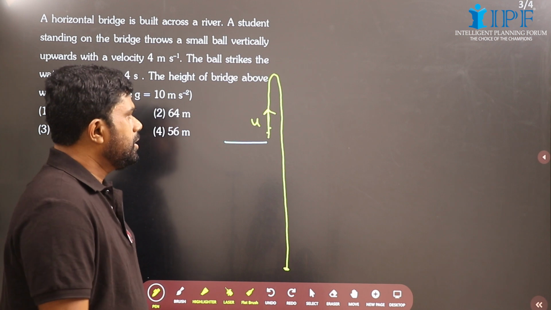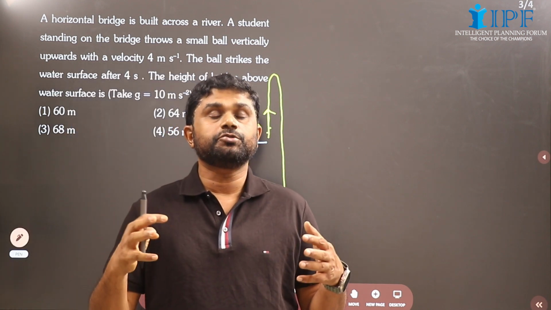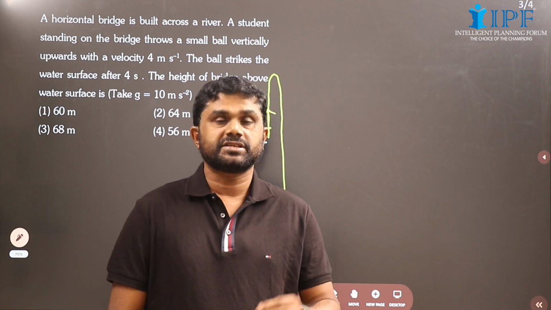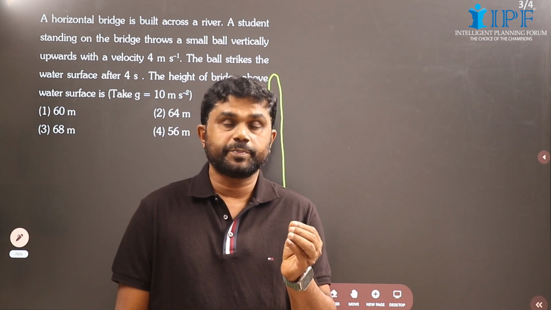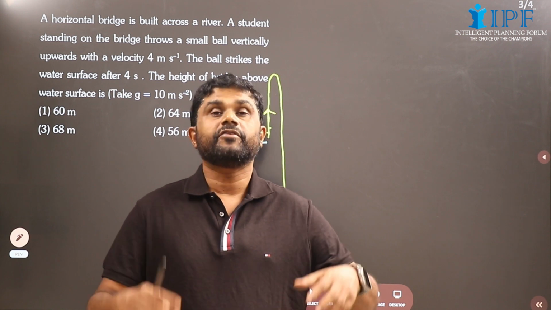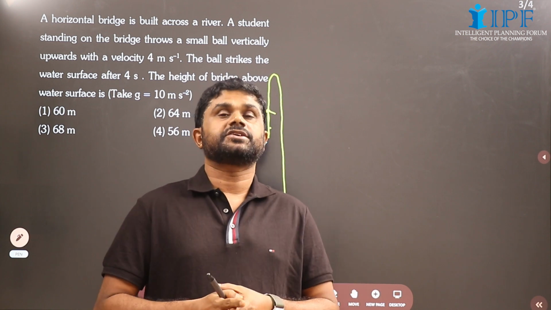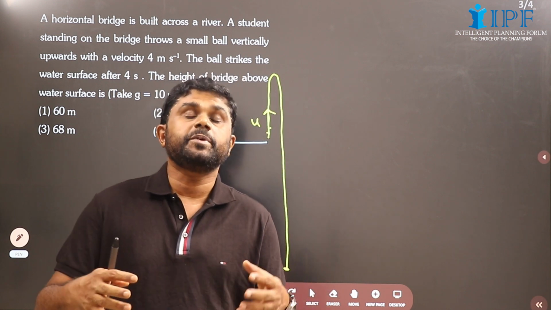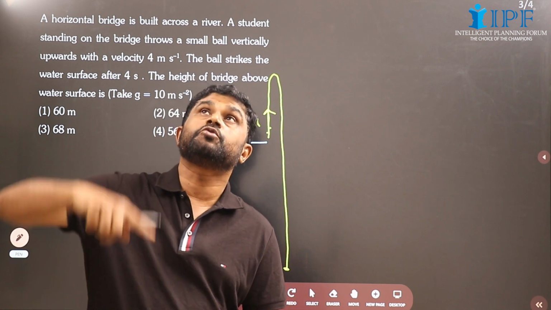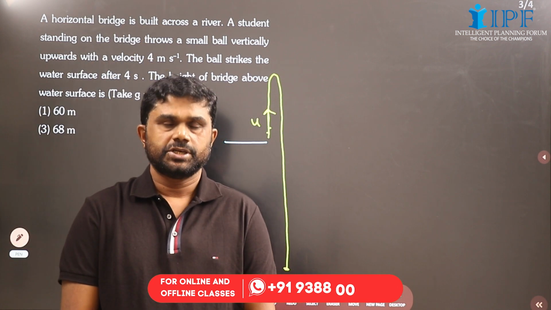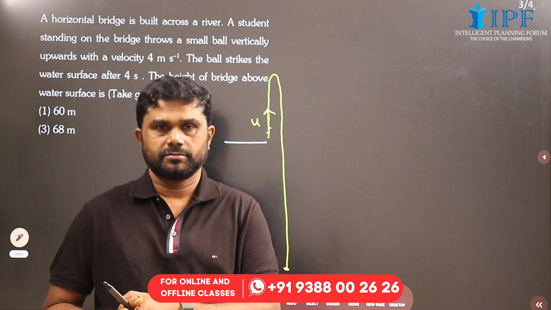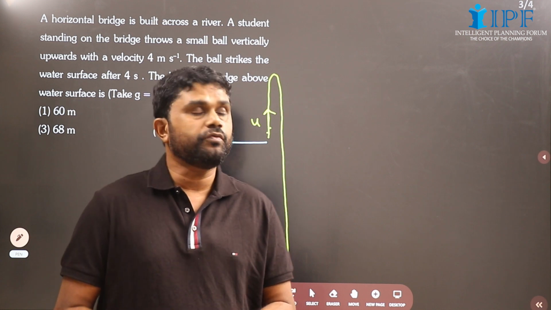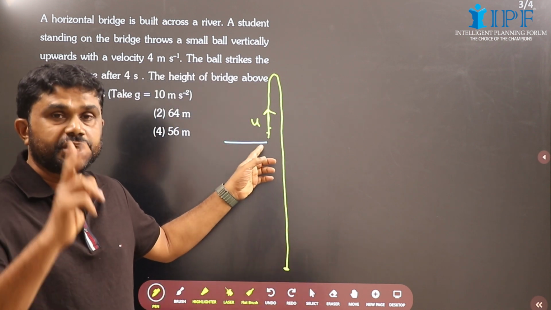Now you might be using a convention that when a body is moving vertically up, acceleration due to gravity is taken as negative, and when the body comes down, it is taken as positive. If you follow that sign convention, g negative going up, g positive going down, then you will have to solve this question in 2 steps.